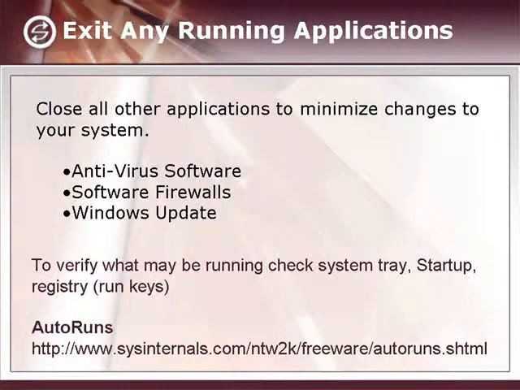Some things you may not consider are antivirus software, software firewalls like on XP SP2 and later, even Windows Update. If a new update becomes available, it may start downloading in the background, and now you've got this in your package.